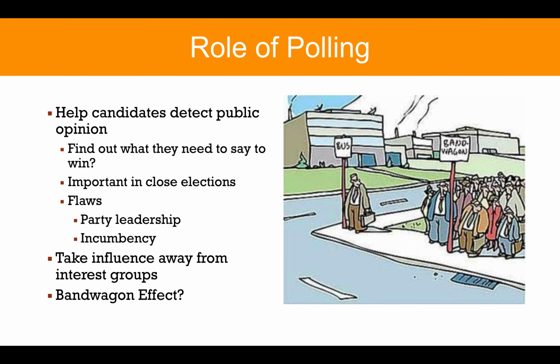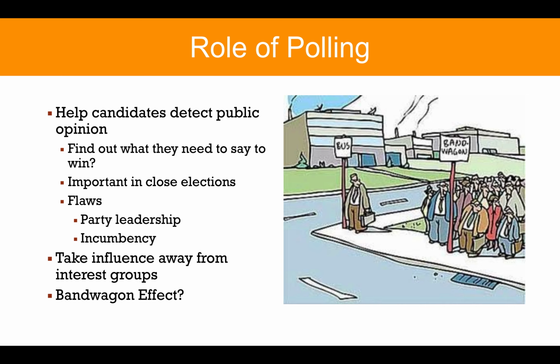Now, polling does take away influence from interest groups. If someone is pushing for, let's say, if someone's trying to push Tammy Baldwin to support a bill that is pro death penalty, this pro death penalty interest group is trying to persuade Tammy Baldwin to support it.